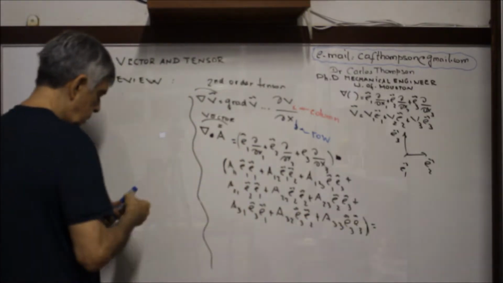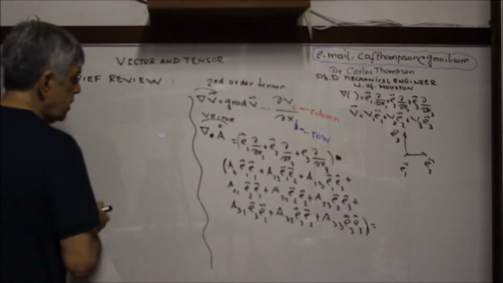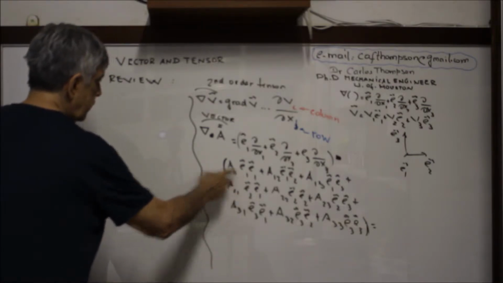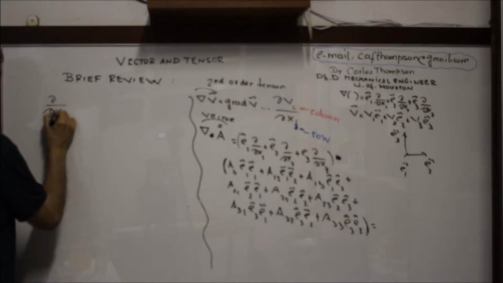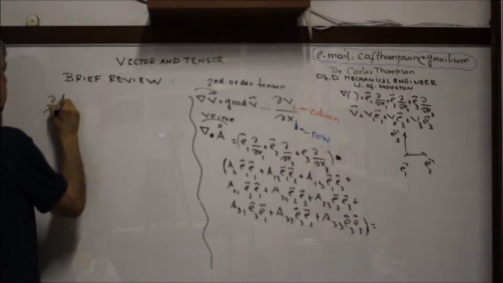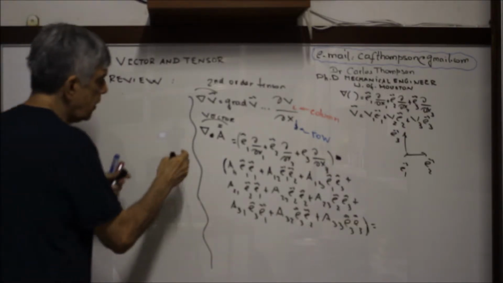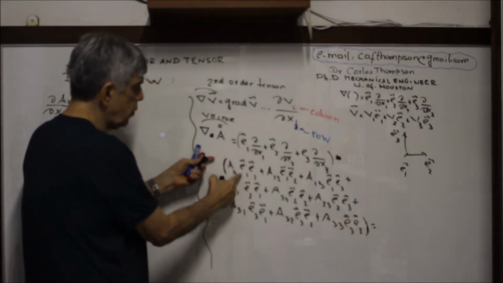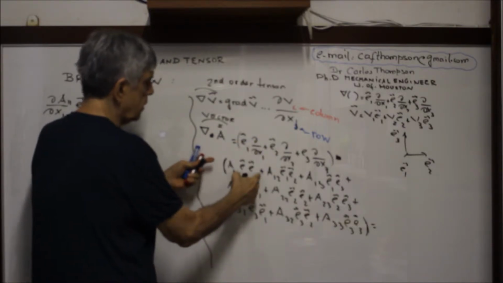So developing this first one, we'll have E1 dot E1, partial with respect to x1, A11 E1. You see, these apply to that. E1 dot E1 will be 1. So it's partial of A11, E1.